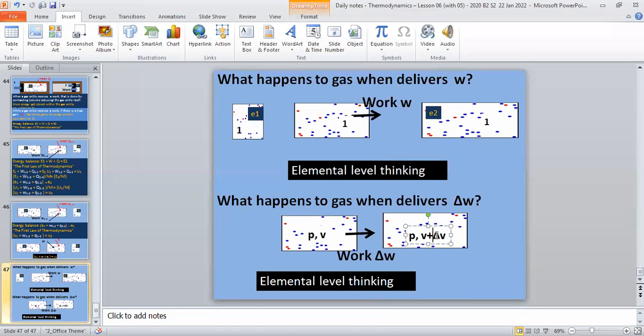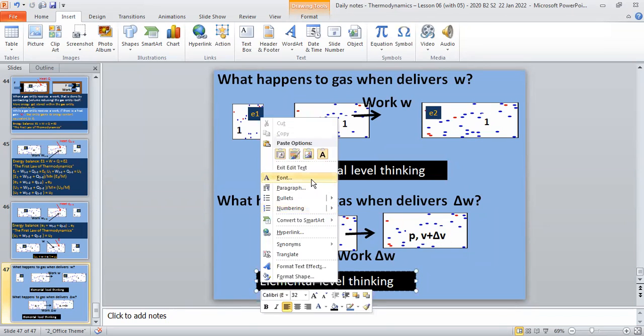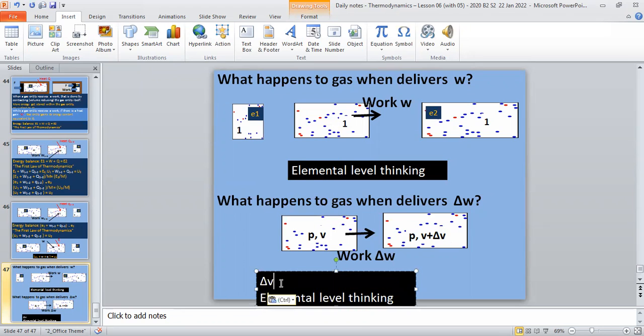Very interesting. Delta V is the expansion of the gas entity. P has not much response in this case. It's so tiny that pressure has no much sensitivity, but we change.